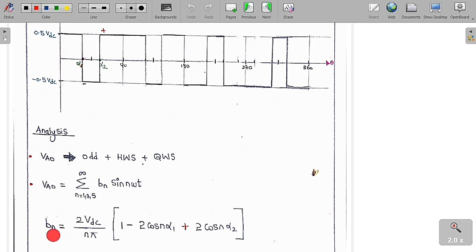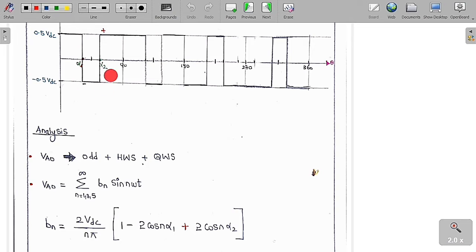So Bn is 4 times the peak value VDC by 2, divided by n pi, into the bracket: the first is positive, so plus 1. Again going from plus to minus means minus 2 cos n alpha 1. Again going from minus to plus means plus 2 cos n alpha 2. This is what you need to remember, only up to 90 degrees.